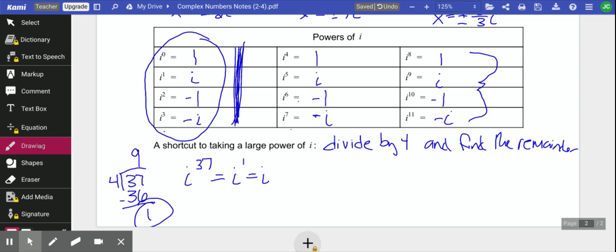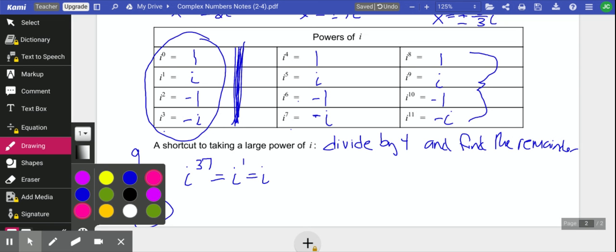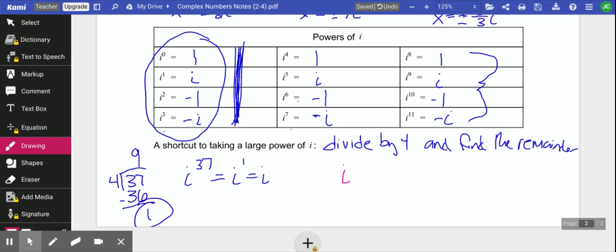So let me show you another one just for fun. Let's do i to the 126th, just because. So to find that, we're going to take 126 and divide it by 4. So 4 goes into 12 3 times. Drop the 6. 4 goes into 6 once.